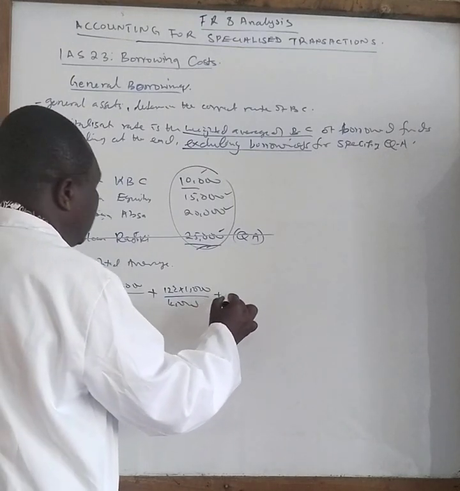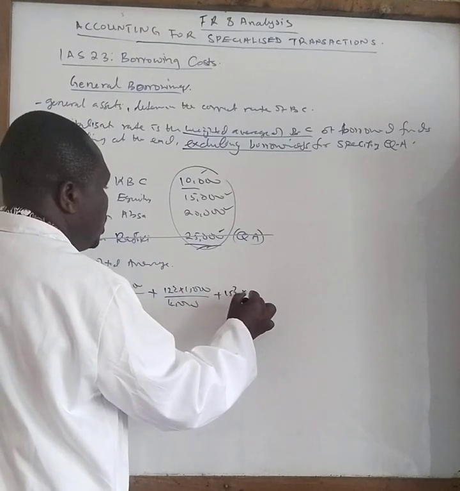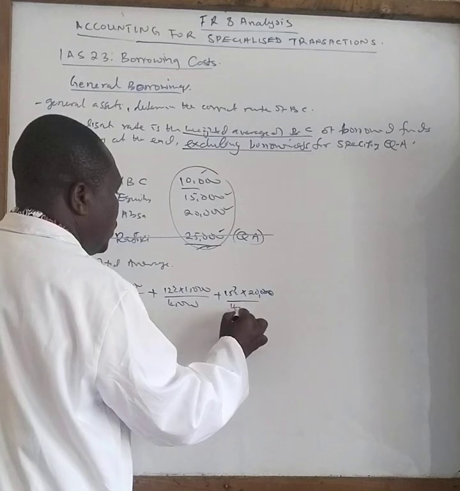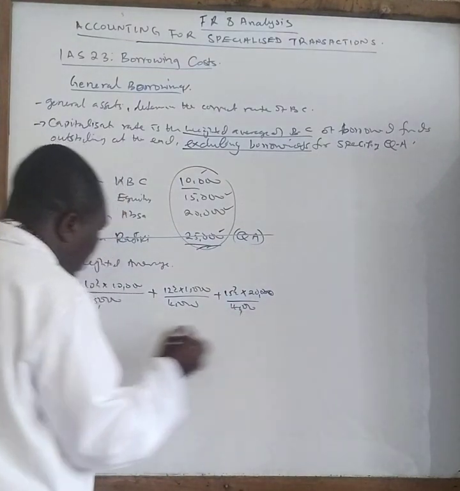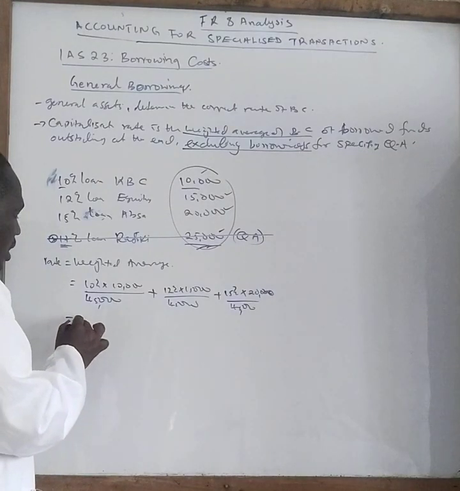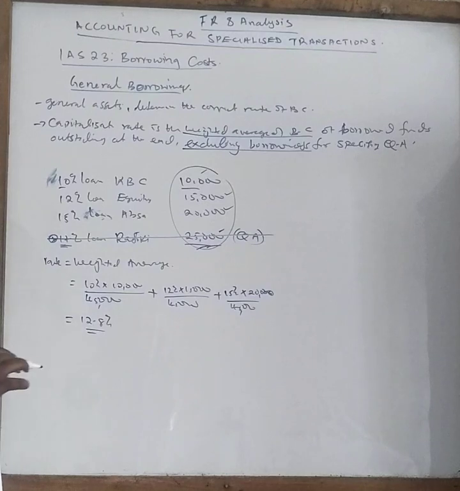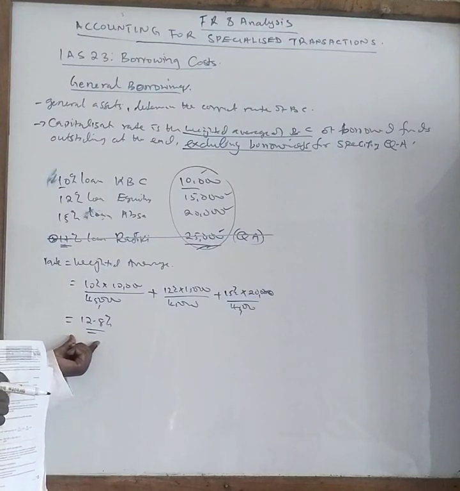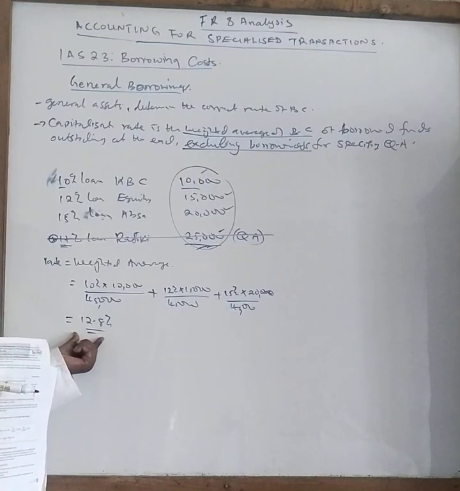Then plus 15% of 20,000, divided by the total of how much? 45,000. Correct? Once you work out this one, maybe you will find the answer to be 12.8%. This 12.8% is what is called the interest rate to be used on the qualifying asset.